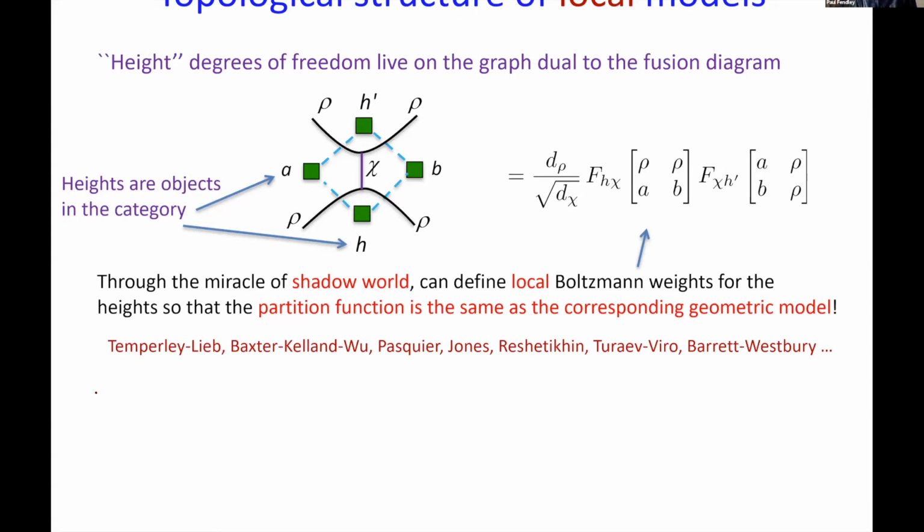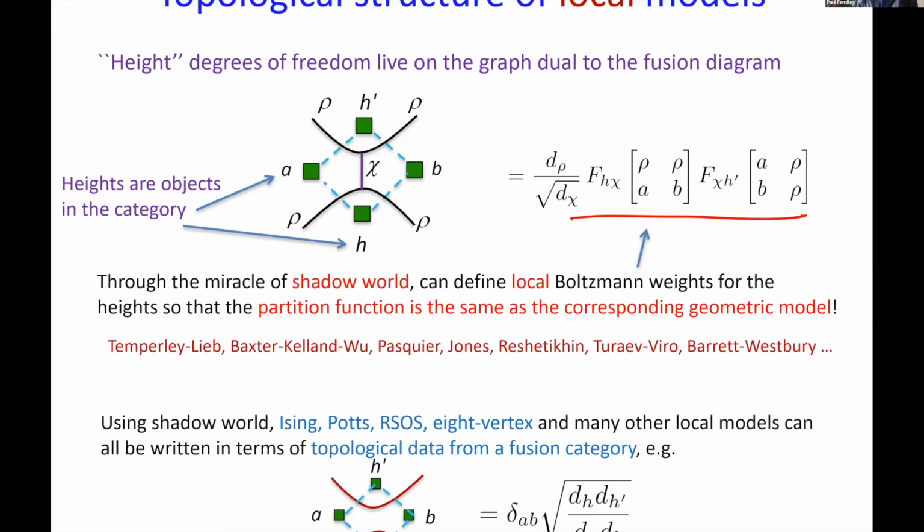A loop model is non-local because you have to look at the whole system to decide how many loops you've got, because a loop can stretch across the whole system. But the weights I define there are all local data, if you look more carefully. So that's a remarkable simplification, and that's why everything I say will be working. And if you want an answer, that's what it looks like for the Temperley-Lieb case, the loop case that I was doing.